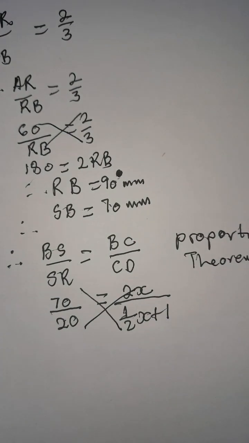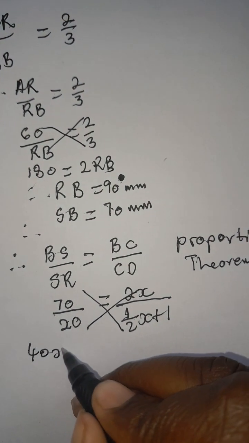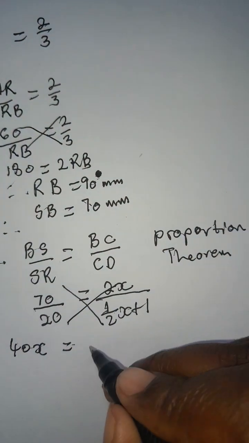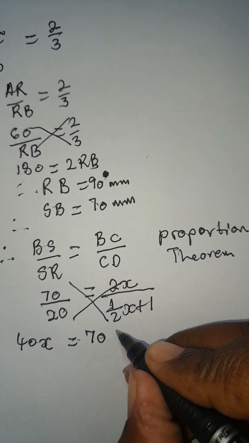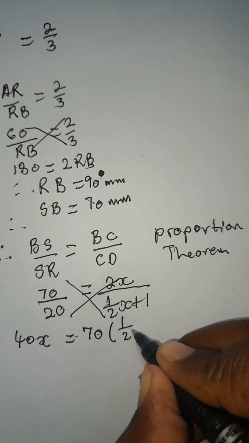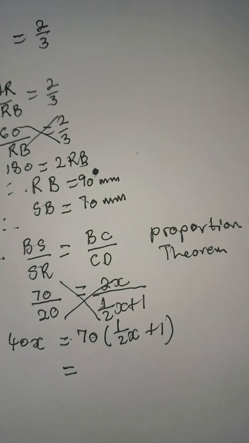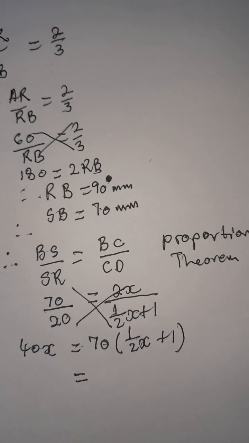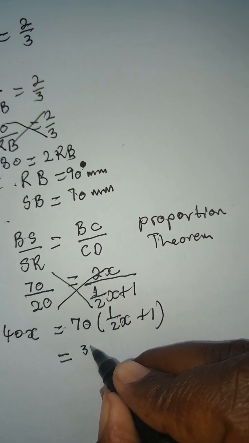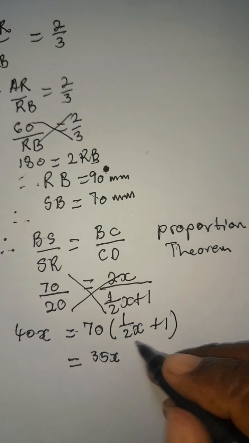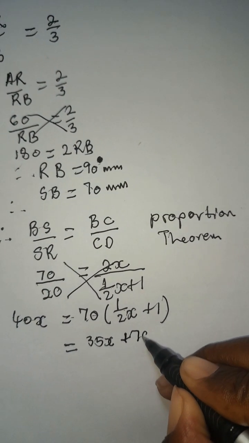To make our life easy, we can cross multiply, right? So 20 times 2x will be 40x. Then we have 70 multiplied by half x plus 1. Half of 70 will be 35, so we have 35x, then 70 times 1 gives us 70.